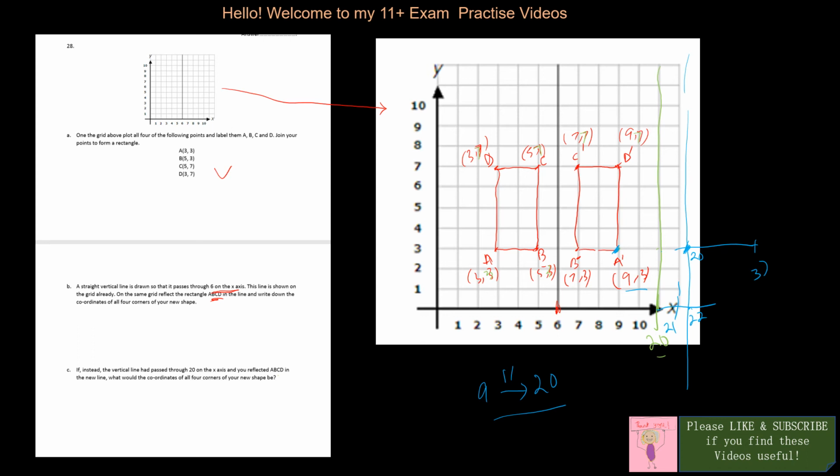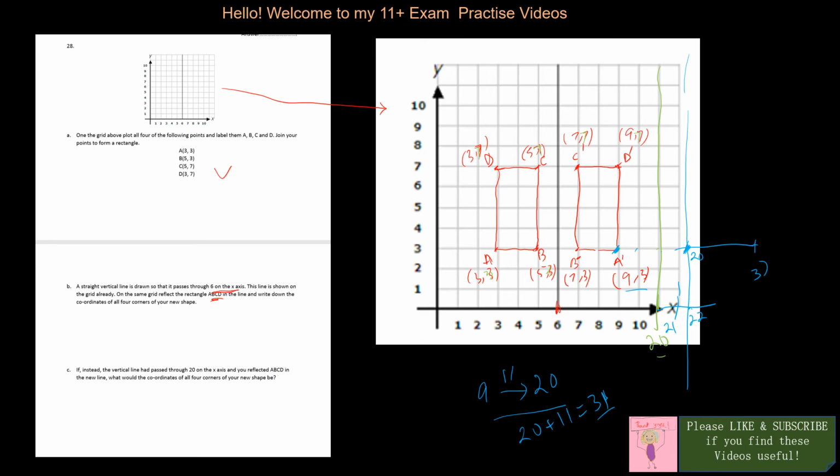So we will add 11, yes, we have to add 11. So from 9 you go 11 to get to 20, and from 20 it will be 11 again, so 20 plus 11 is 31.